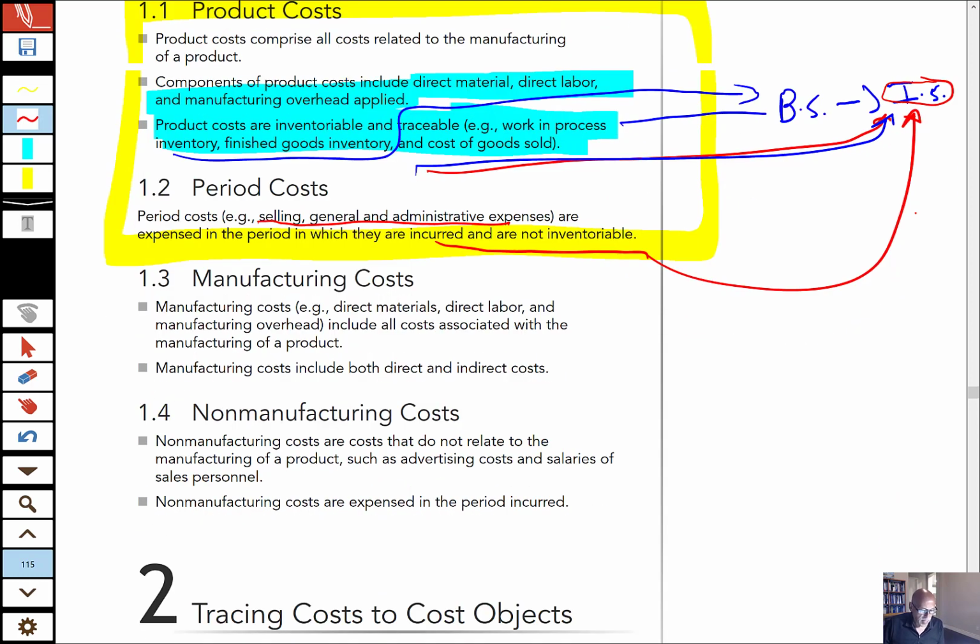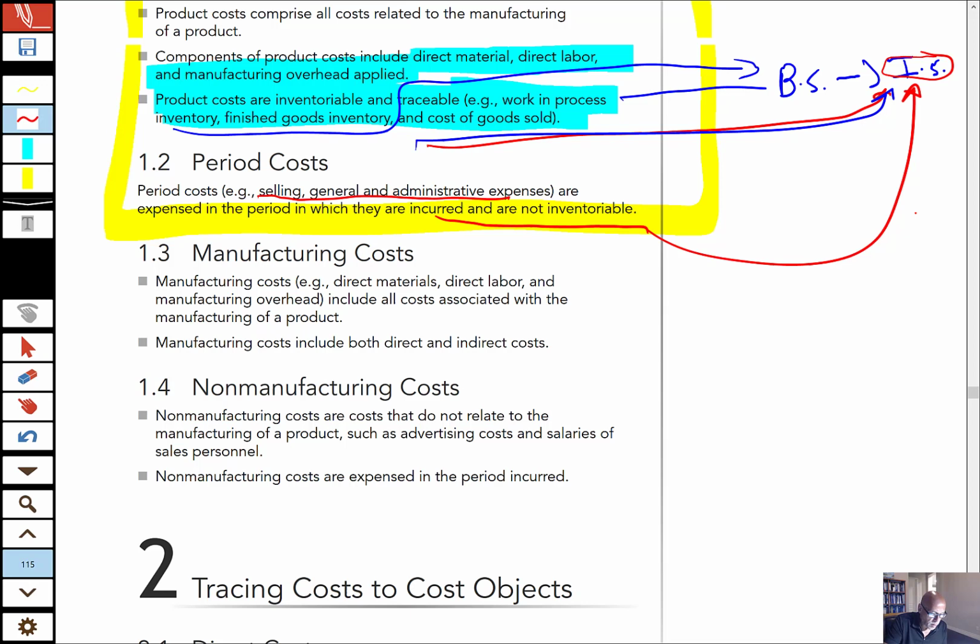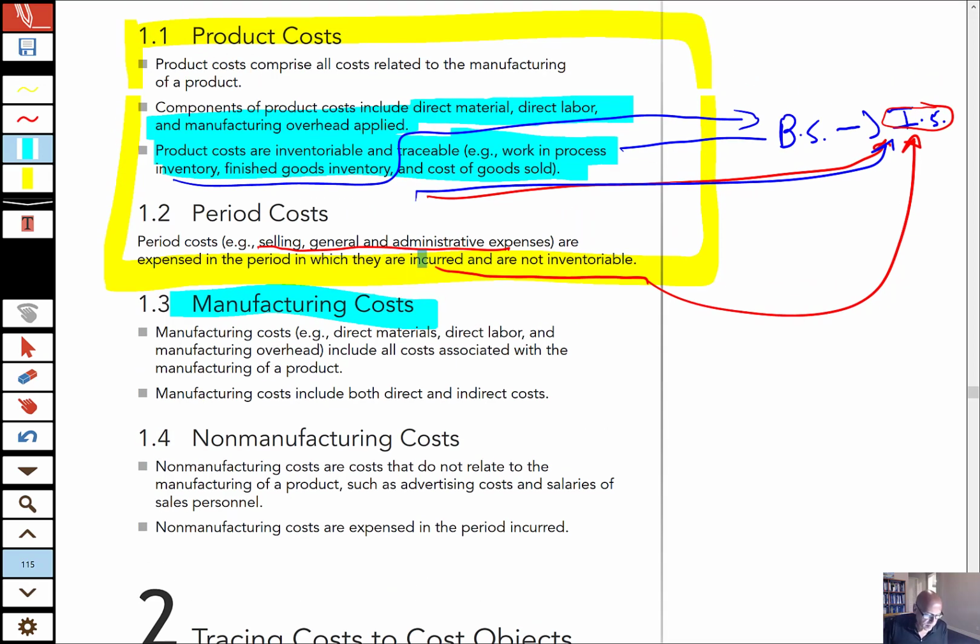Now we have our manufacturing cost. And notice some synonymous terms here, or some different terms that mean the same thing. Our product cost can be called manufacturing costs, in the form of direct materials, direct labor, and manufacturing overhead. So manufacturing costs include all of those things that are product costs.